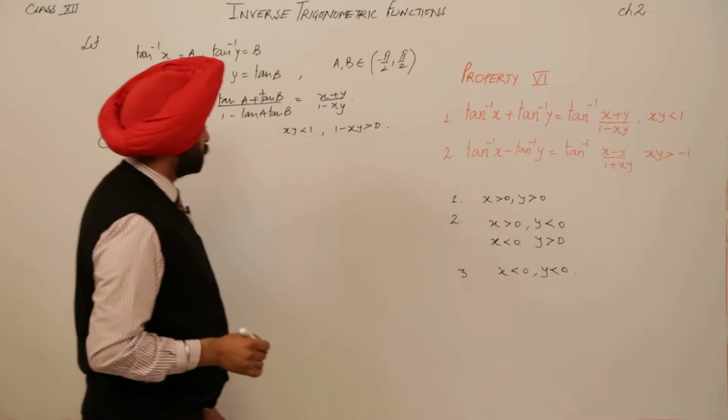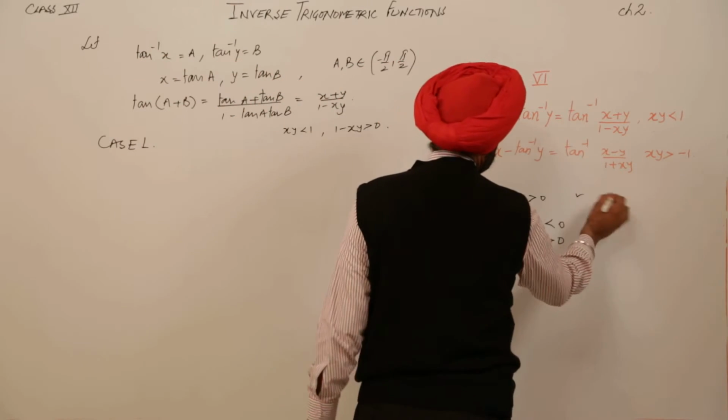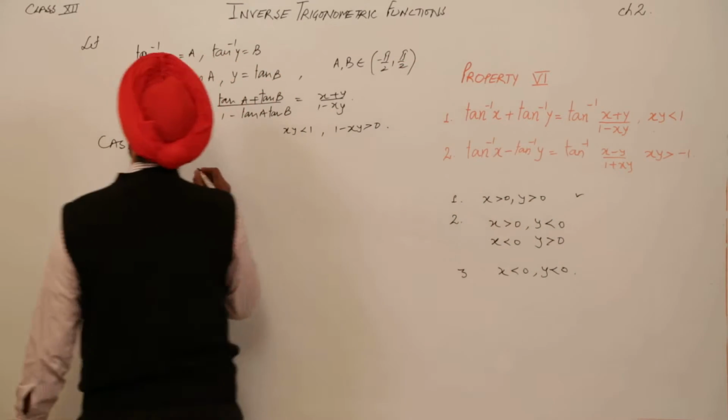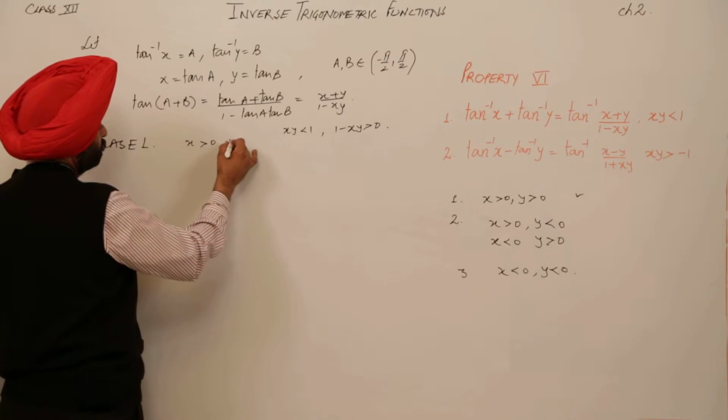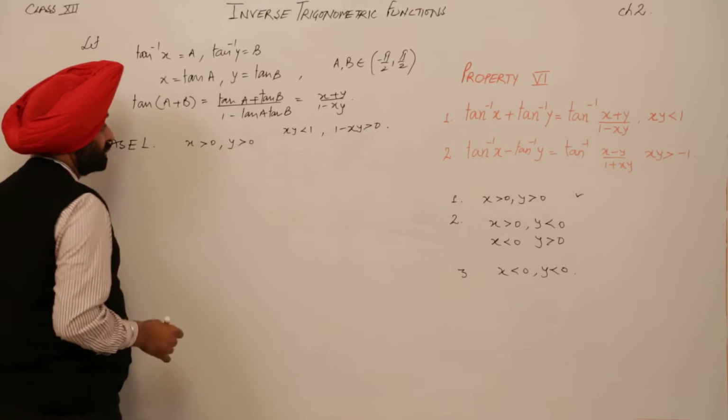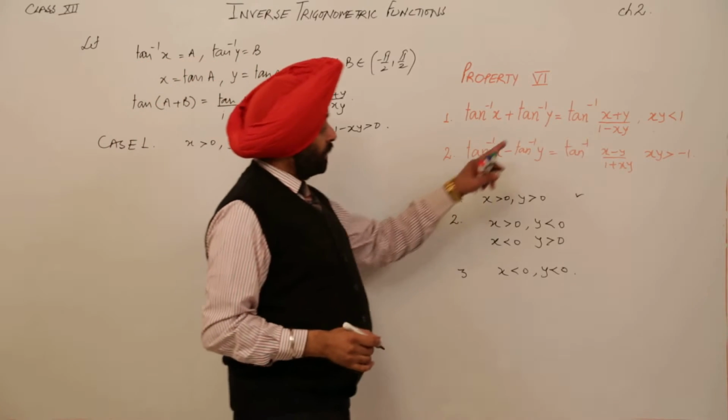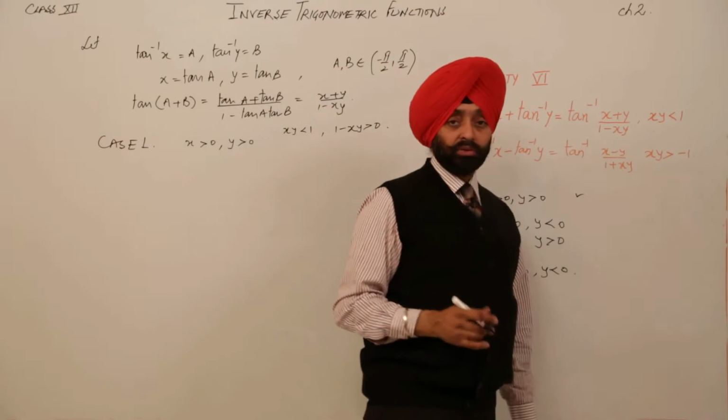In the first case, number 1, we have x greater than 0 and y greater than 0. Now let's check it. If x and y are both greater than 0, then what is the result?